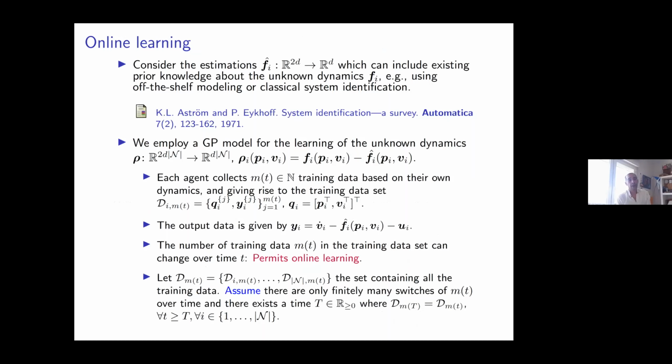We use the GP models to learn the unknown dynamics, basically by learning the residual, given some estimations that can be given by using techniques of system identification or set to 0 a priori at the beginning. We can use this estimation to learn the residuals and therefore learn the unknown dynamics.